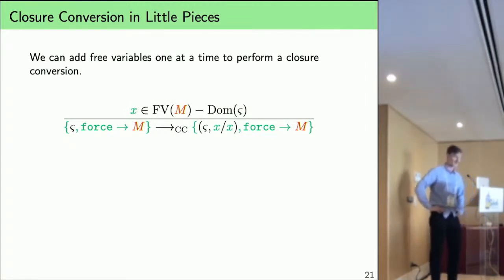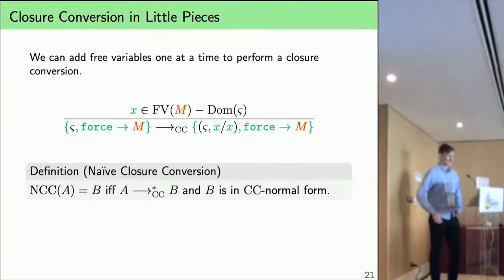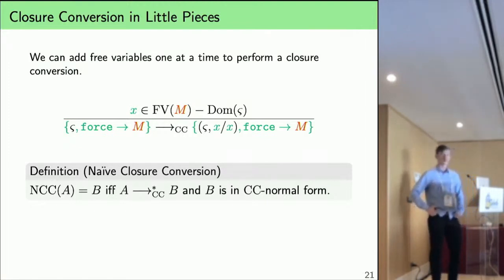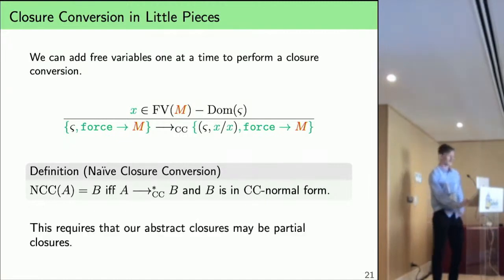We see there's a free variable missing from it, and we just add an identity substitution to the closure. And then a naive closure conversion, which corresponds to flat closures, will just be the normal form with respect to this rewrite rule. And this is why we need abstract closures to be partial.